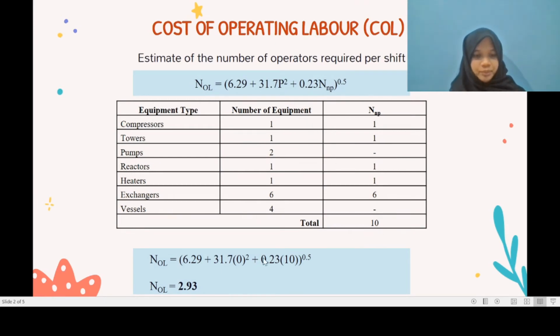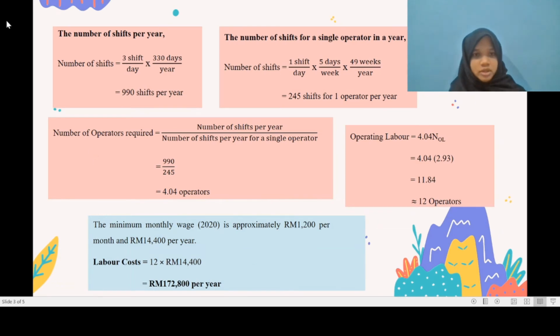So we got 10. Hence, the number of operator labor per shift is 2.93. Since our plant operates 24 hours a day, there will be approximately 3 shifts per day, with 8 working hours per shift.